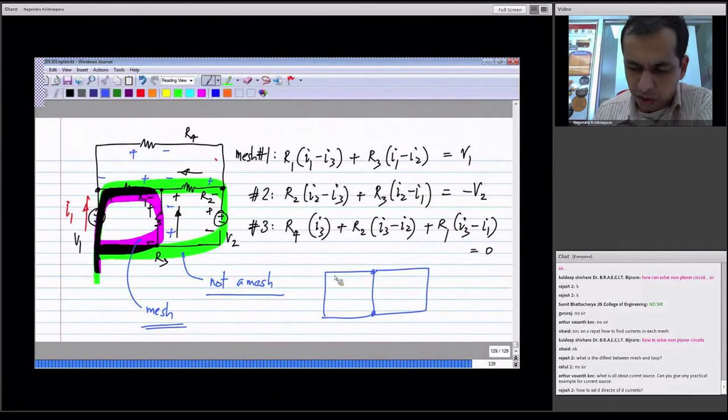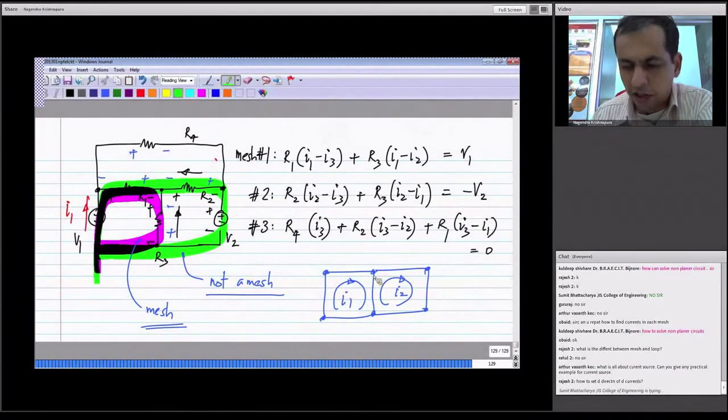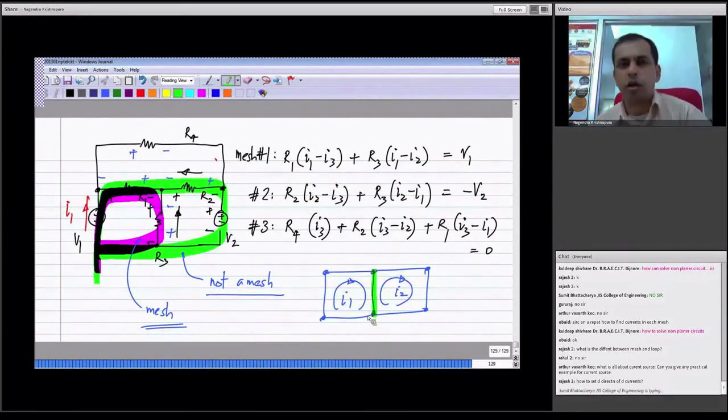So you take a current like this, I1, and take a current like this, that is I2. Now, every branch current will be equal to either one mesh current or the difference between two mesh currents. So this branch is common to the two meshes, and in the left side mesh the current is going downwards, and in the right side mesh it will be going upwards. If you choose all your mesh currents to be in the clockwise direction, this will always happen.